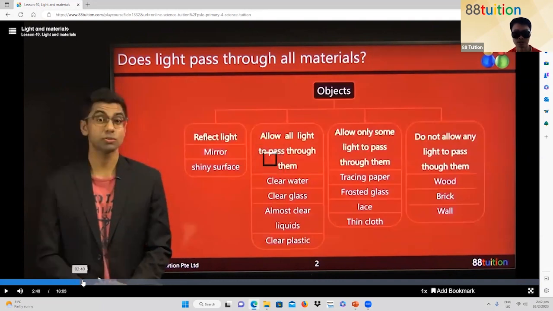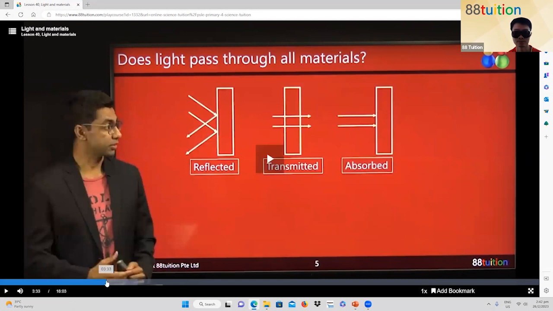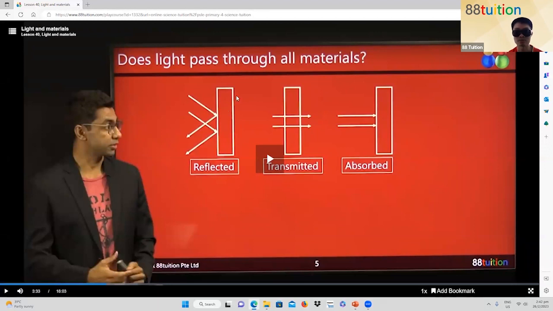If you look at this diagram here, these are three different materials. Each block here represents a material. This material reflects light. That's why if you look at the light rays, which are represented by straight lines with arrows, they look like they're bouncing off the surface. Am I right? There's this angle. In other words, they're being reflected.